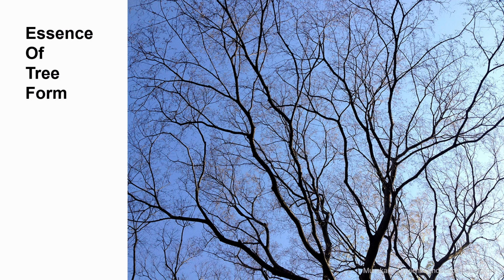Now let us deepen our understanding by looking at how this accumulation of lines is formed. That is, by focusing on the process that generates branch structure. Here is a simple diagram of the branching process.